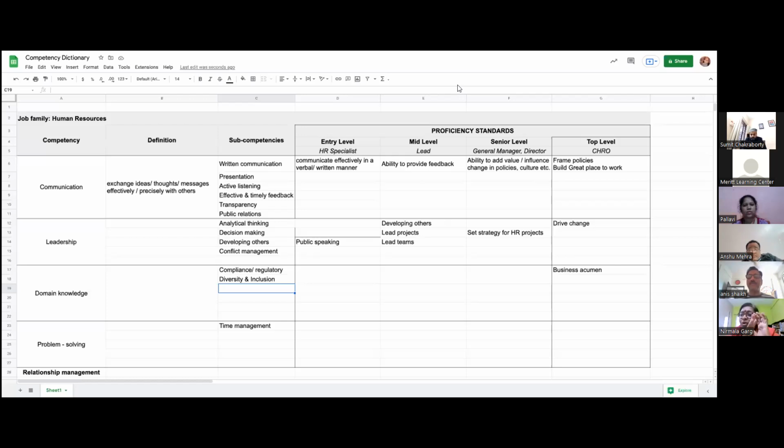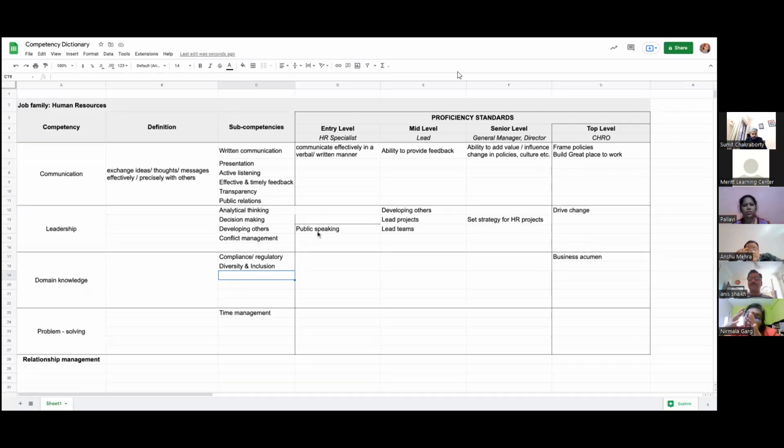Now think about it. If it is the entire procedures and practices of the human resource function, then you will look at sub-competencies, something like talent management, compensation and benefits, employee relations, strategic HR management. All these will come under the domain, right?